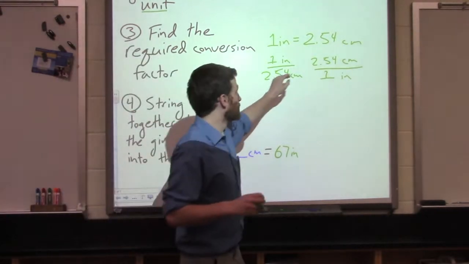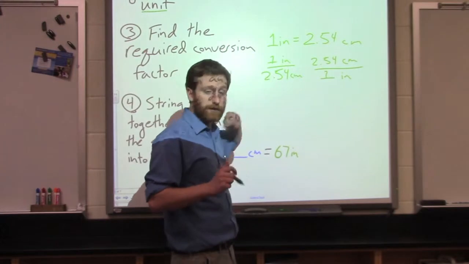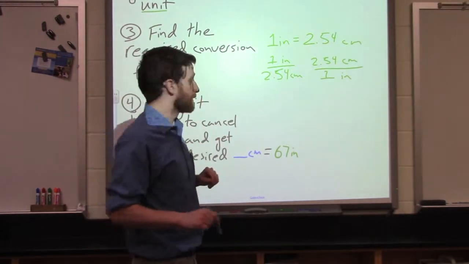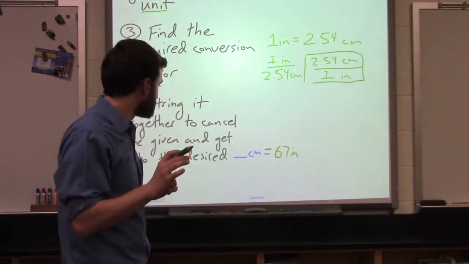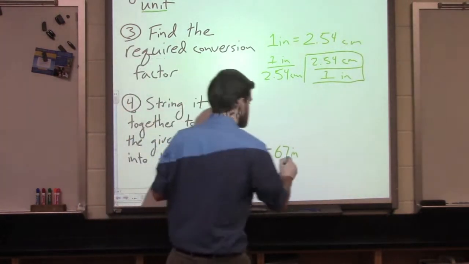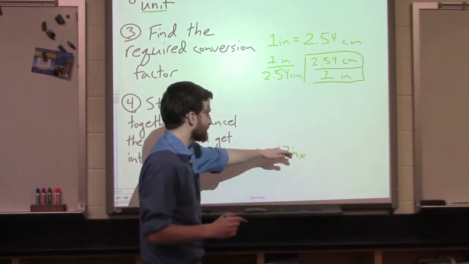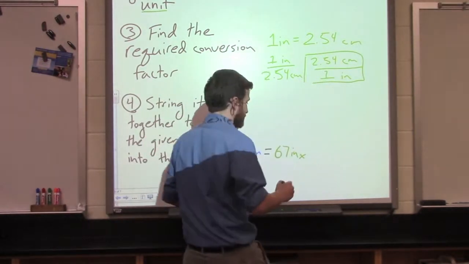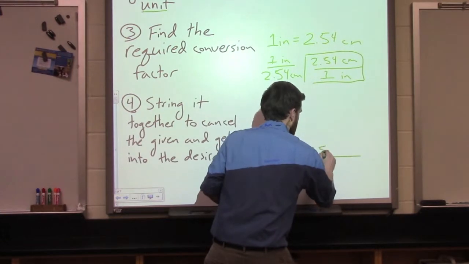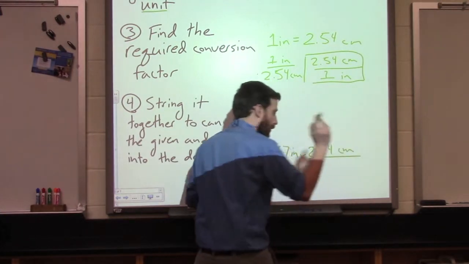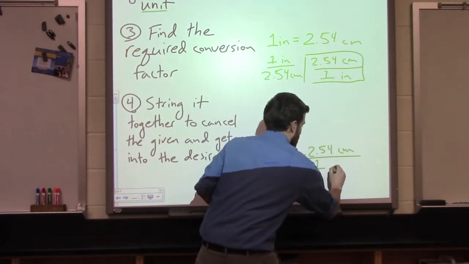One of these is the right choice and one is the wrong choice. And I will say right now that this conversion factor is the right choice. Why? Let's see. I'm going to multiply 67 inches by this conversion factor, 2.54 centimeters per 1 inch.